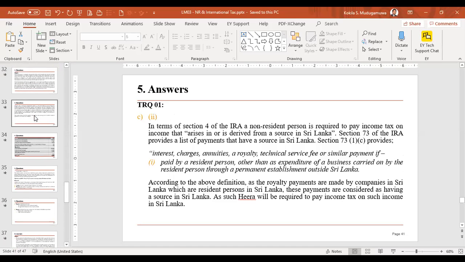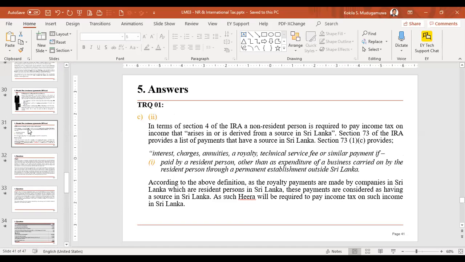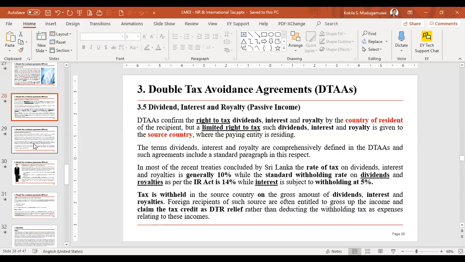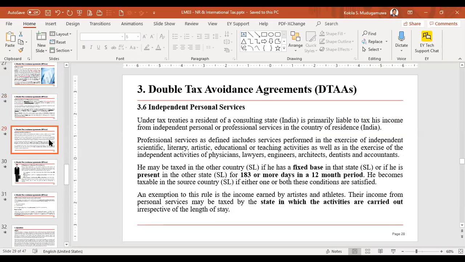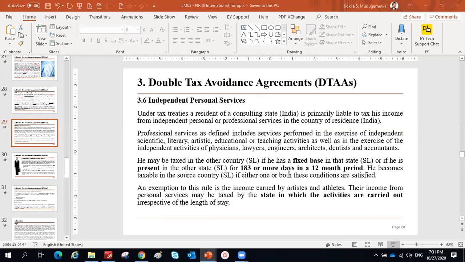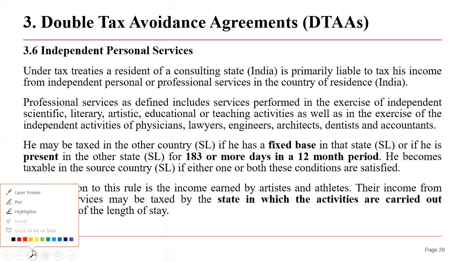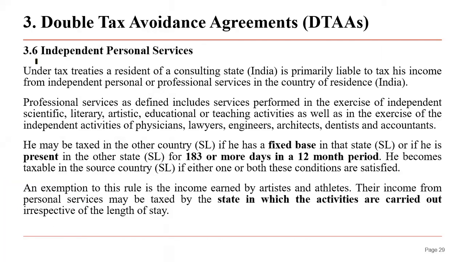Today we will do one question. If we have the passive income, those things are there, what we have discussed. So today we are going to discuss independent personal service. Independent, in the sense what?